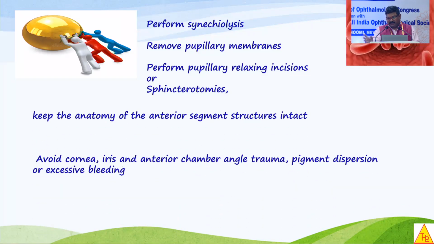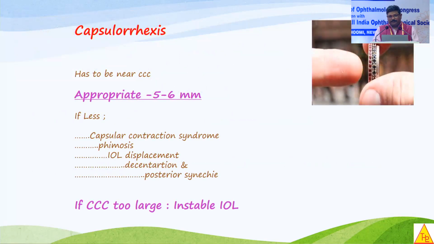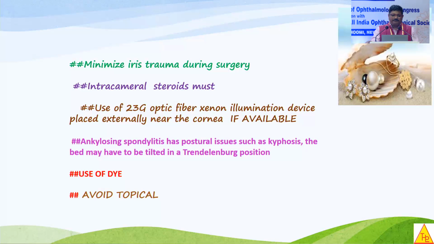But at the same time, we have to take care of the anterior segment structures so that the visual outcome is not hampered. The capsulorhexis has to be 5 to 6 mm; if it is too small, there will be problems peroperatively, and if it is too large, the IOL will be unstable. So the ultimate thing is that you have to minimize iris trauma in such cases.